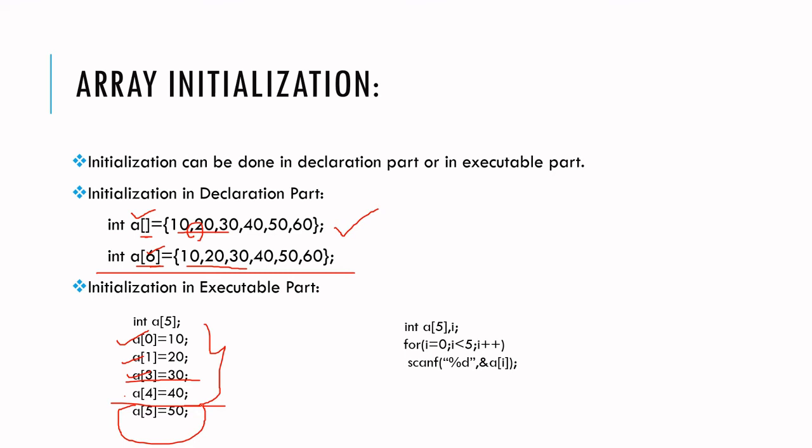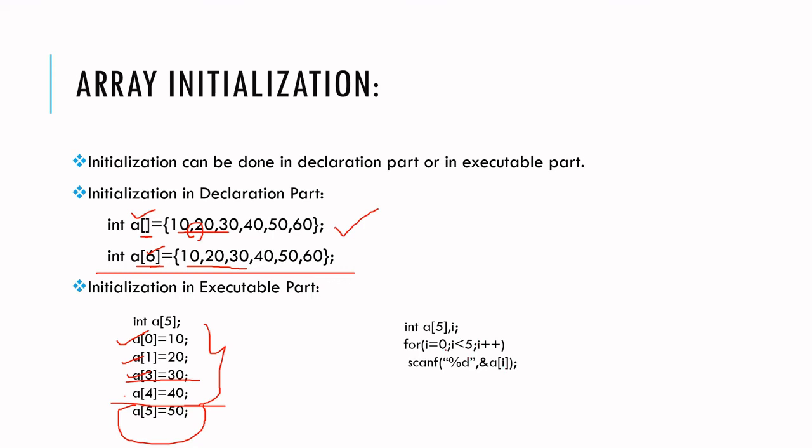So for i is equal to 0, semicolon, i less than 5, i plus plus, and within the for loop, I am using the scanf statement. scanf percentage d, and then I am typing ampersand a of i. It means when i is equal to 0, it will get the first value for the first cell. When i is equal to 1, it will fetch the second element for the array.